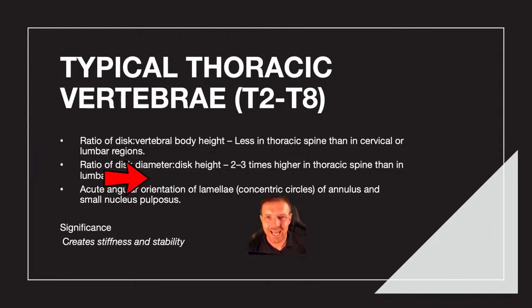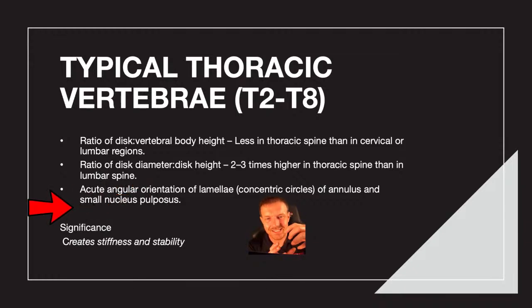And the disc diameter to disc height is 2 to 3 times higher in the thoracic spine than in the lumbar spine. Okay, so the diameter is more, but the height is less. Okay, we've got that acute angular orientation of the lamellae, which is the concentric circles of the annulus, and we talked about that a couple of weeks ago when we looked at the discs, and a smaller nucleus pulposus.